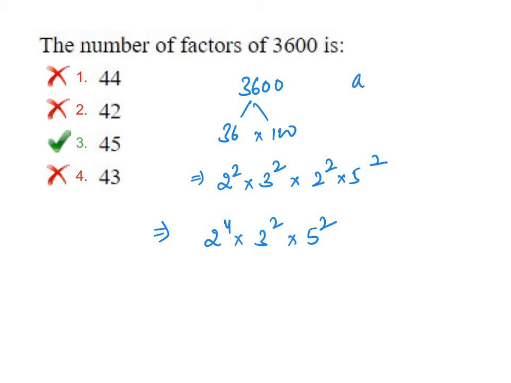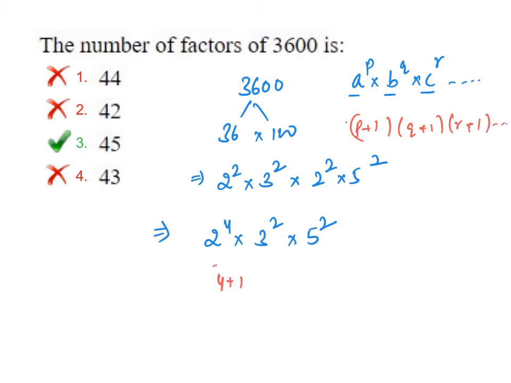You express the number in the form of a power p, b power q, c power r and so on, where a, b, c are prime numbers, and the number of factors formula is p plus 1 into q plus 1 into r plus 1 and so on. Therefore, 4 plus 1, 2 plus 1, 2 plus 1, 5 into 3 into 3, 15 into 3, 45 factors.